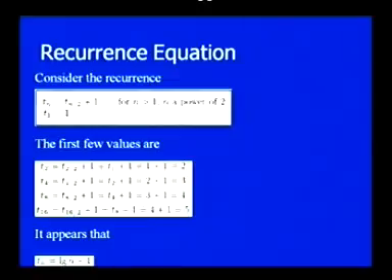T(n) equal to T(n by 2) plus 1 for n greater than 1, and a new condition is given, that is n should be a power of 2. Again you can find the sequence that is generated like this.